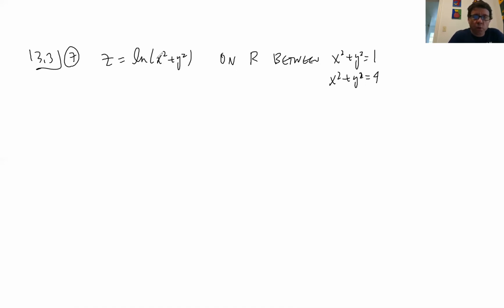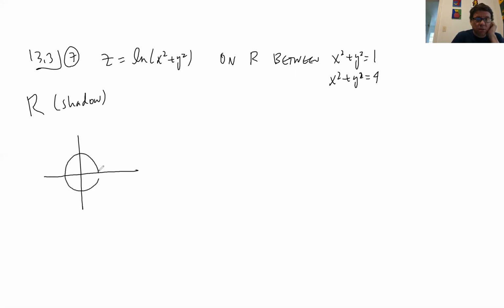So if you were to plot this surface, natural log function of x squared plus y squared, I don't know what it looks like, so I'm just going to draw the shadow region R, and I know what the answer is. It's going to be the volume relative to that shadow of whatever your surface looks like. So you're talking about x squared plus y squared is 1, and x squared plus y squared is 4, so that's a circle of radius 2.